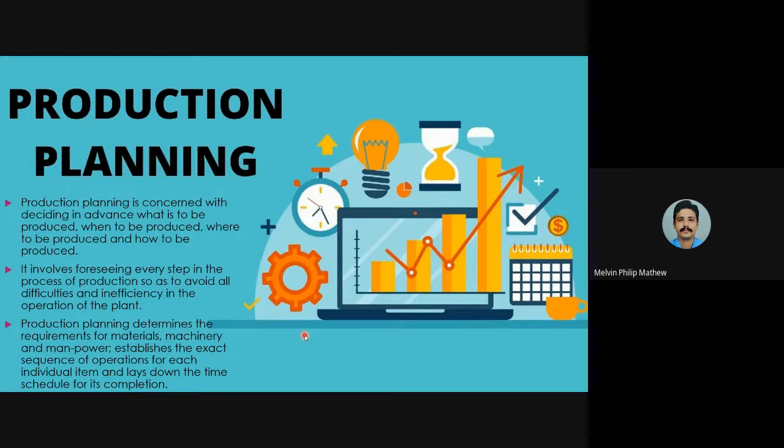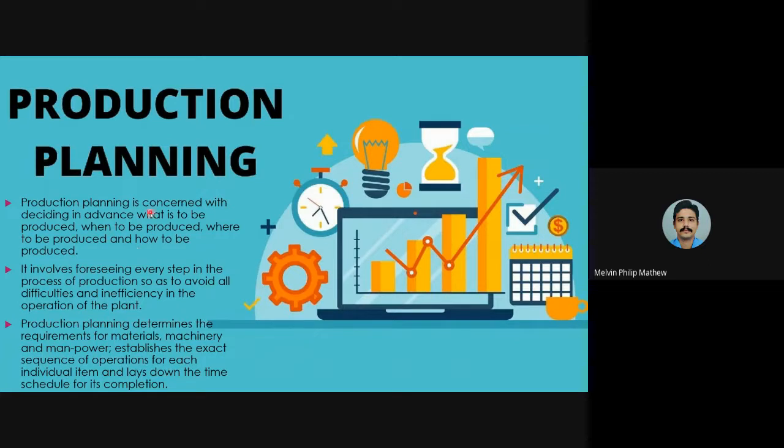We have to create the product, and we are planning how fast the product has to be created, how much product has to be created, how the inventory should be stocked up with the product, and then from the inventory how much product should go out on a daily or monthly basis. So all of this comes under production planning.